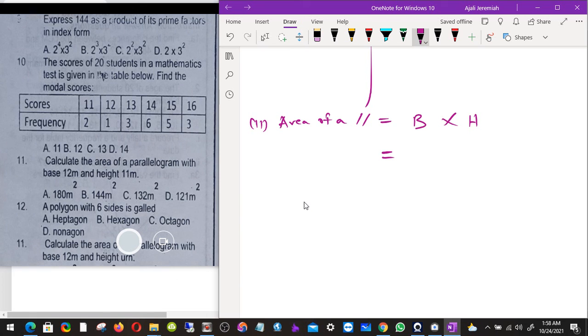Okay, the base is 12 and the height is 11. So the product of this is 132 meters square, and that's option C.